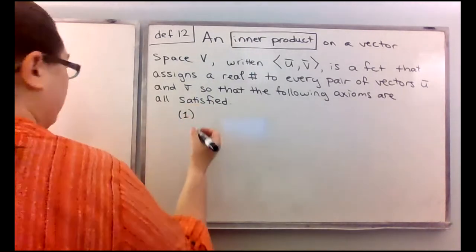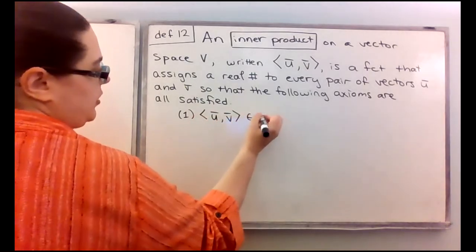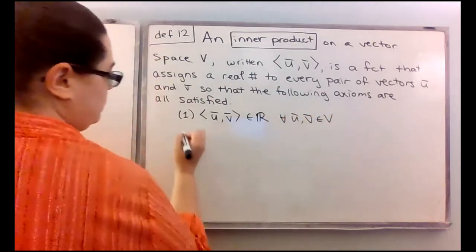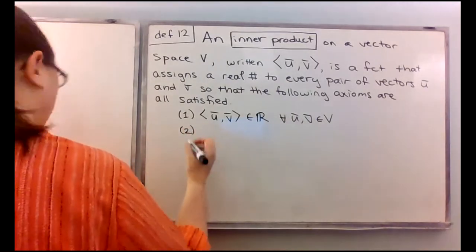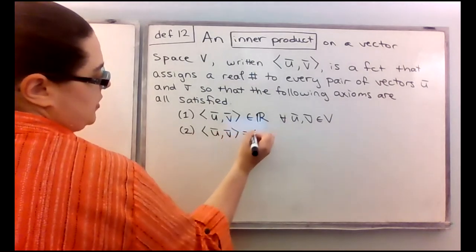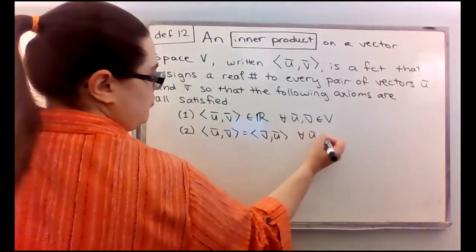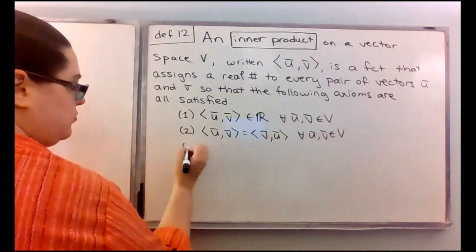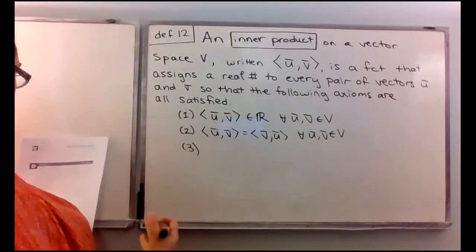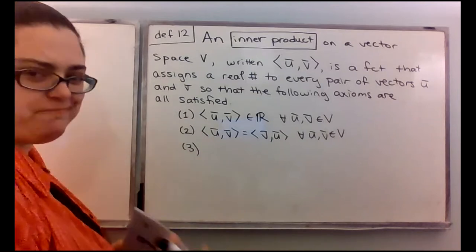The first one is that the inner product of U and V is a real number. The second one is that it commutes. So the inner product of U, V is equal to the inner product of V, U. The third one is sort of like an associative distributive kind of thing.